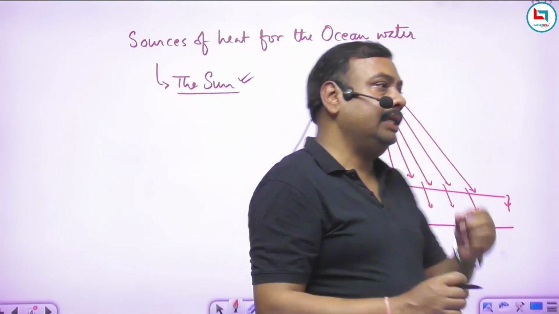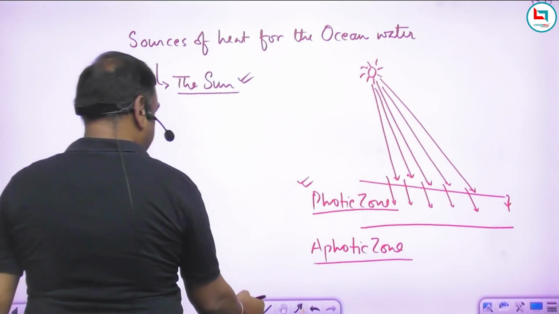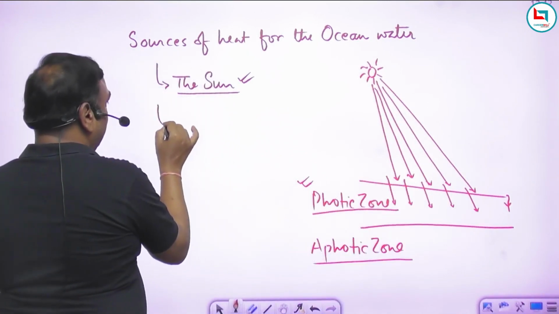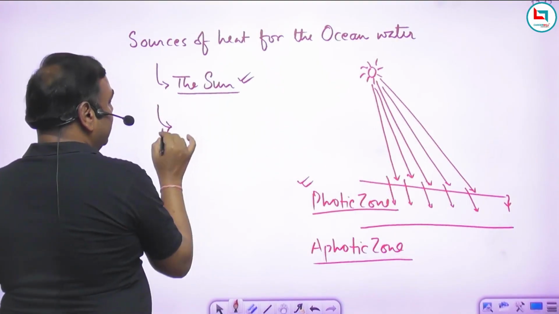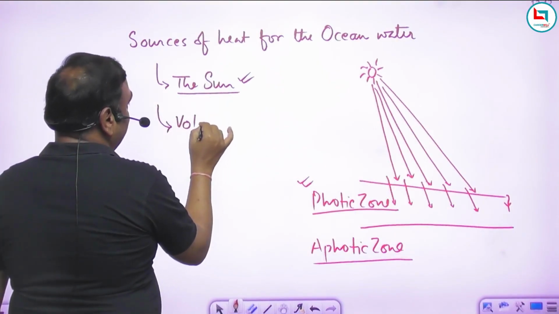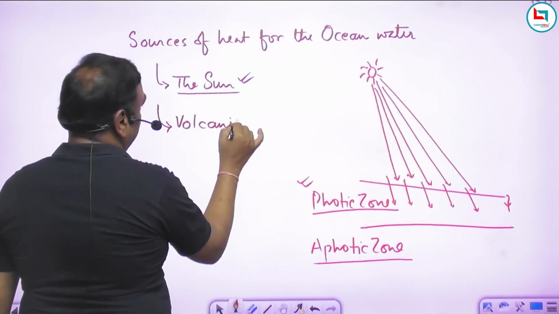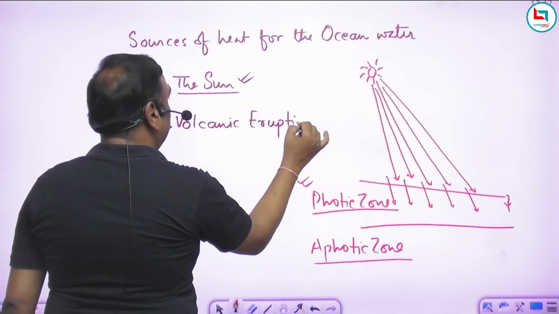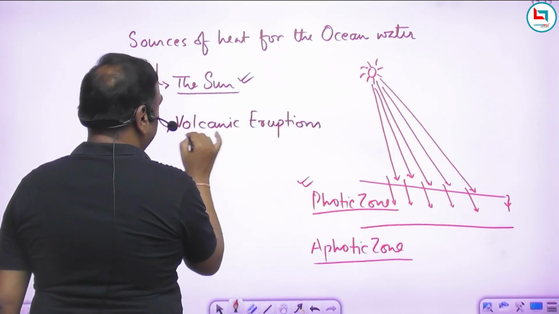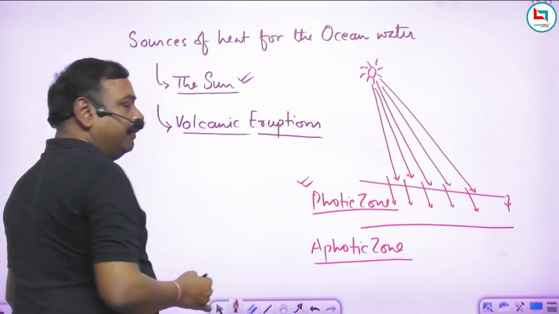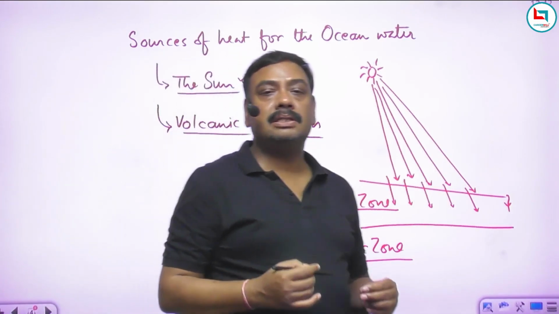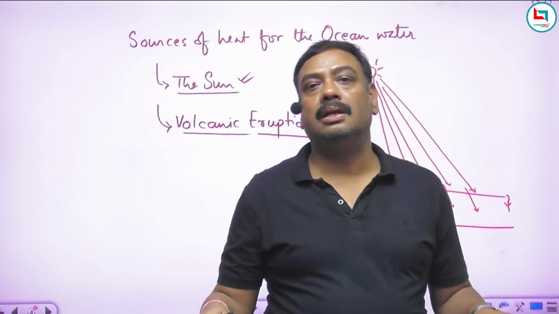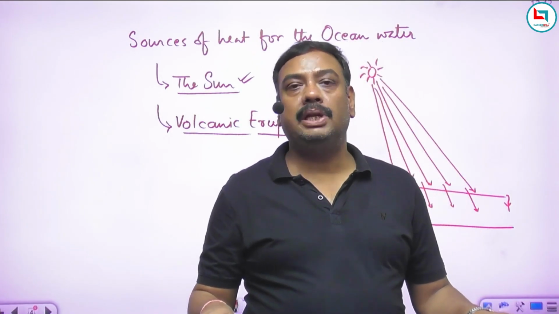One of the sources I would like to introduce here, apart from the sun, is volcanic eruptions. See, in the chapter on reliefs of the ocean basin, we have discussed the formation of seamounts, guyots, and mid-oceanic ridges.